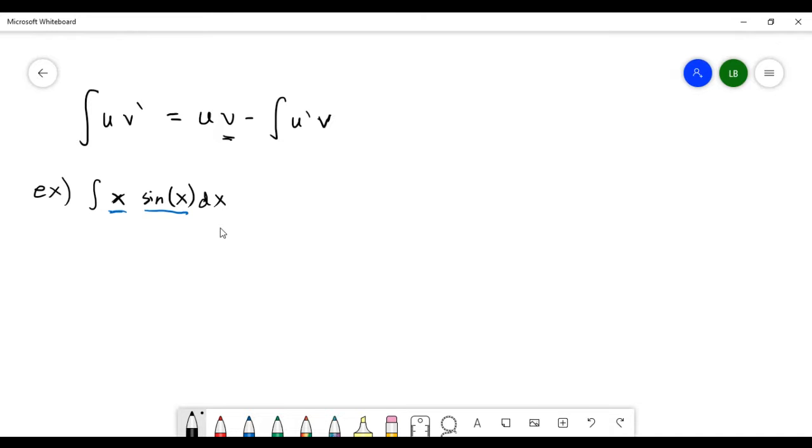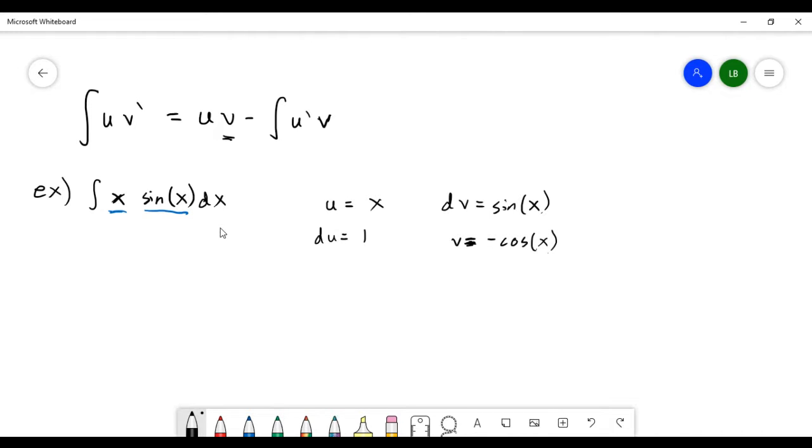So what I'm going to do is say u can be equal to x, but then dv will be equal to the other thing, sine of x. Then du is the derivative of x, then v is the integral of dv. So the integral of sine of x is negative cosine of x.